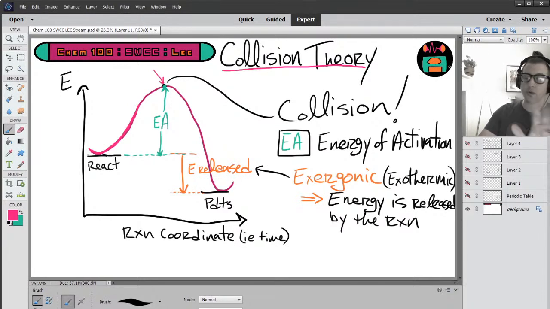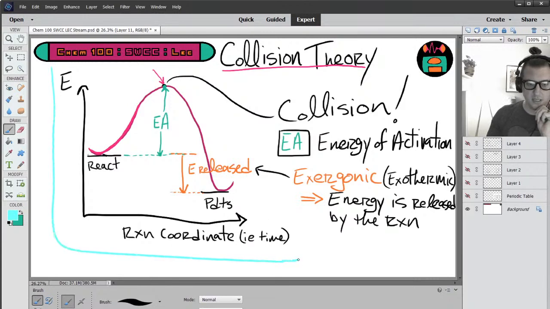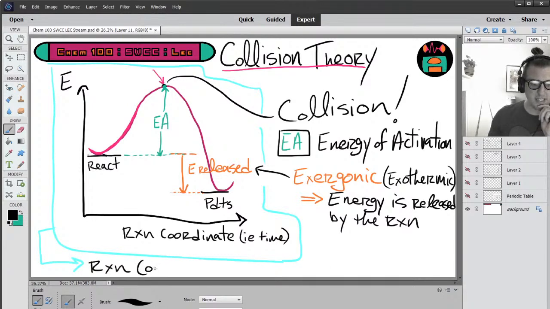Okay. So before moving on, let me just tie this up. This whole graph is called a reaction coordinate diagram.